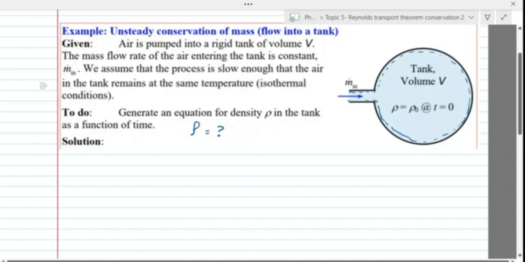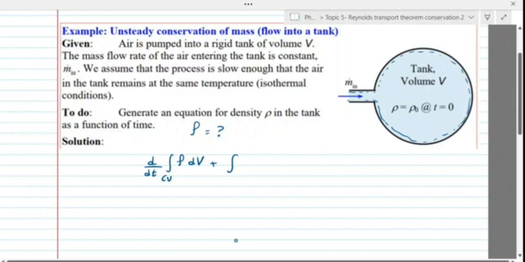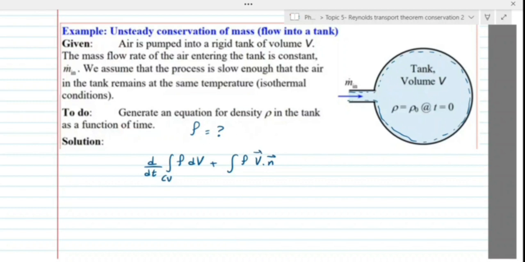So the conservation of mass equation, we found it previously. It says that we have an unsteady term over the control volume plus the term which gives us the net flow rate into our control volume, which was written as the integral of rho v dot n dA.